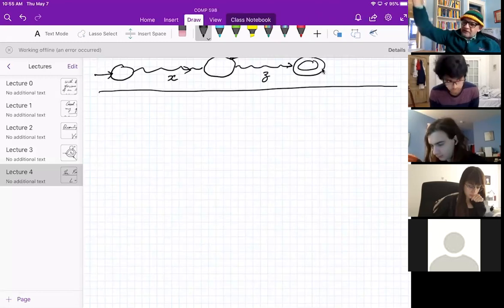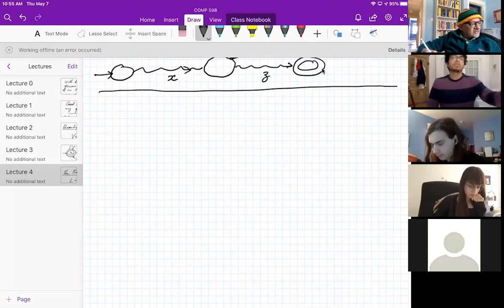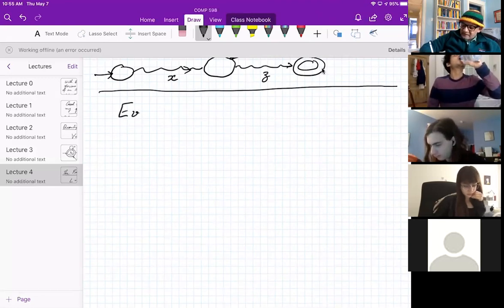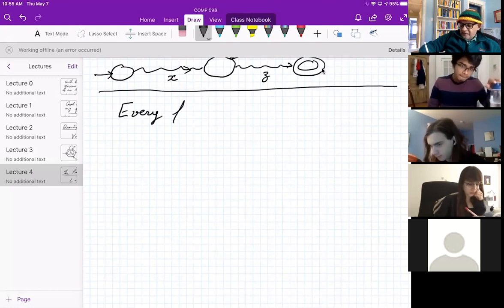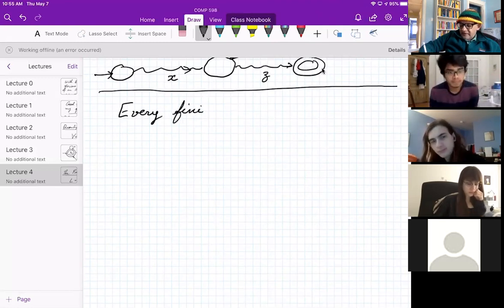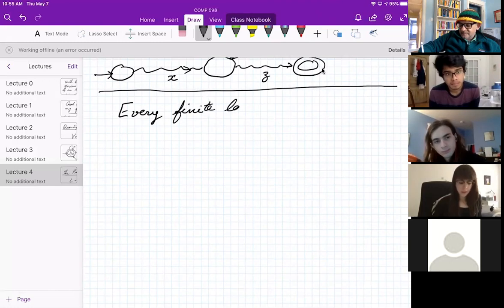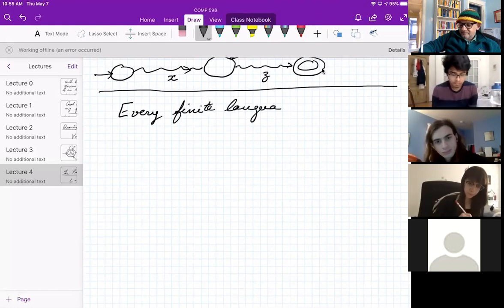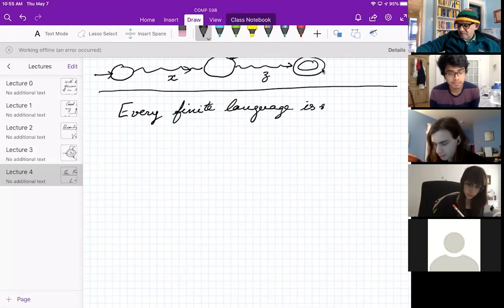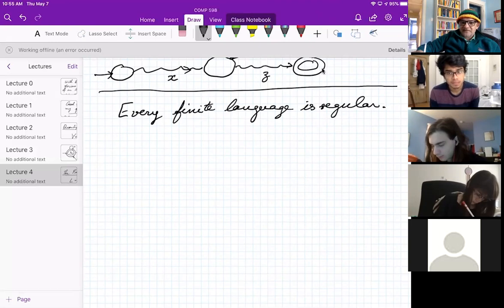So first, recall, I don't know if I should say recall because I'm not sure I ever told you this. Every finite language is regular. This is just a fact.